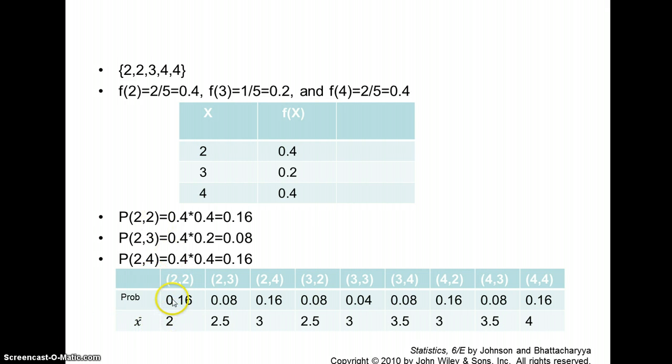For 2 we have 0.15 as its probability, for 2.5 we add these 2, for 3 we add these 3 numbers, for 3.5 we add these 2, and for 4 we have that.